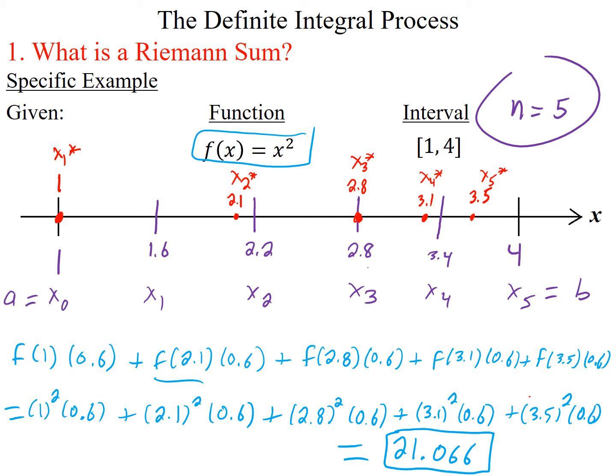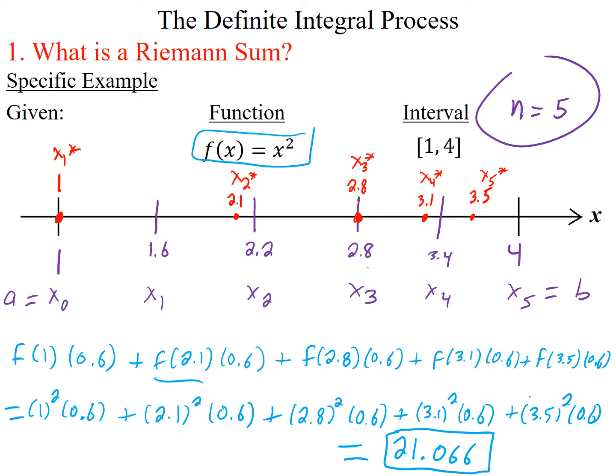And then after you do that, you pick a number in each subinterval. So that means we picked 5 numbers. In this case, the 1, the 2.1, 2.8, 3.1, and 3.5. And you plug in each one into the function, and then multiply by the width of the interval, and then you add them all.